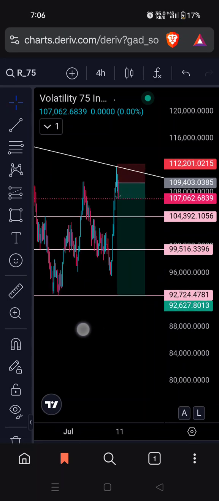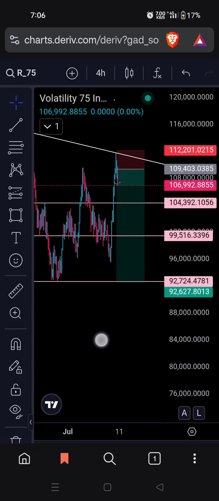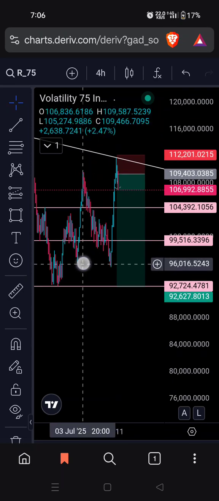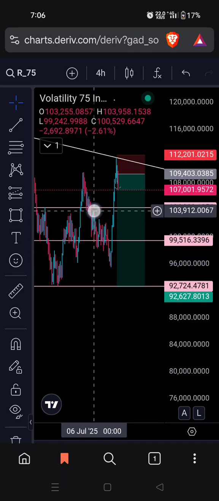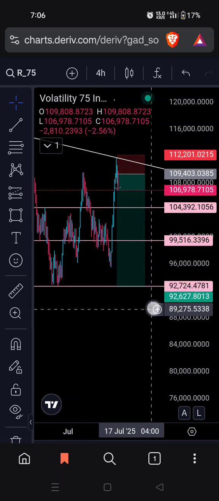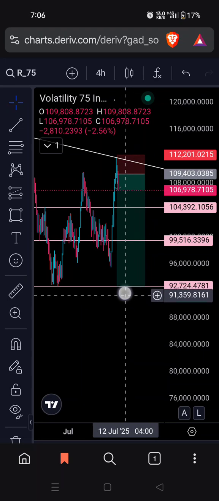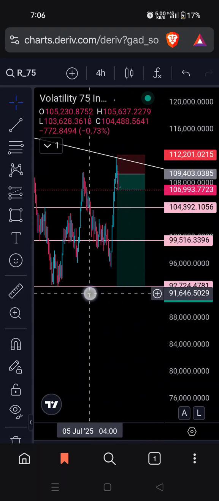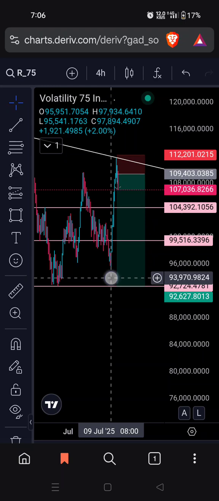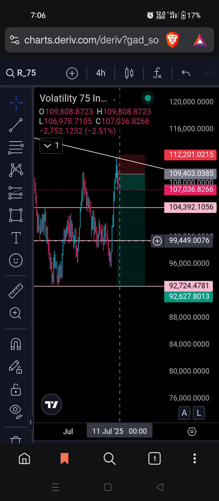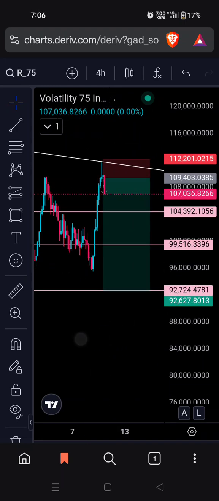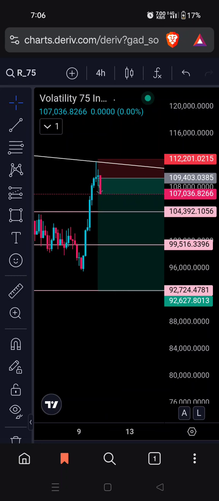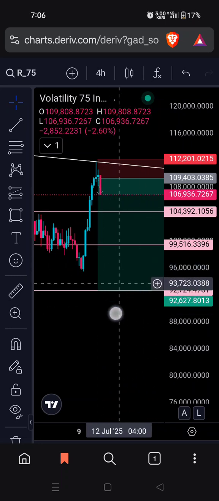Initially, when I saw this market get to 95k, I was thinking it would drag down to 92, this very point, before buying. But it didn't. This is authenticating the reason and giving me more confidence that this market is going to sell down to this very zone, because it didn't get there before buying.